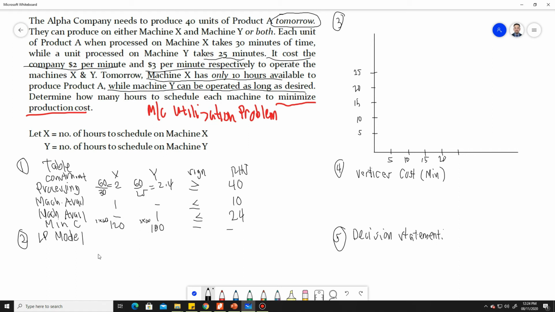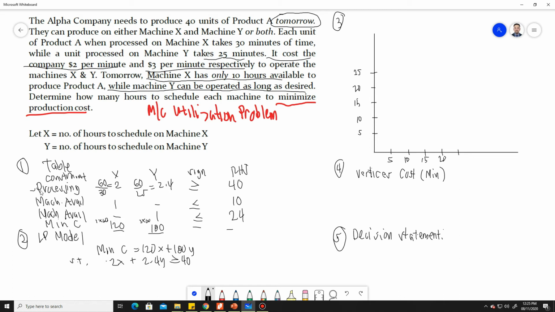Okay, that's the table. So, ngayon, gagawin natin yung LP model. We have min C is equals to 120x plus 180y subject to 2x plus 2.4y greater than or equal to 40.